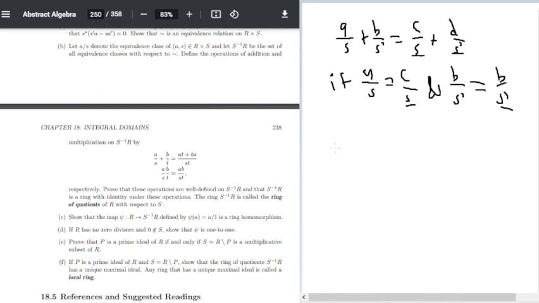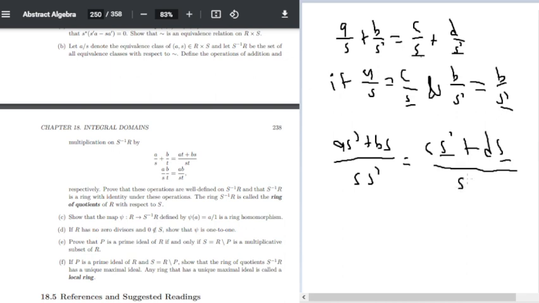So with this, we want to basically show that AS prime plus BS over SS prime is equal to, excuse me, is equal to CS prime bar plus DS bar over S prime bar.